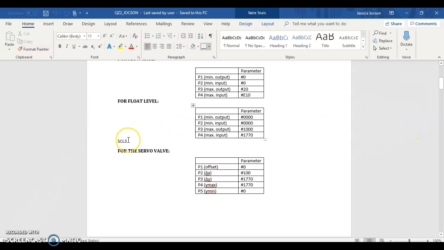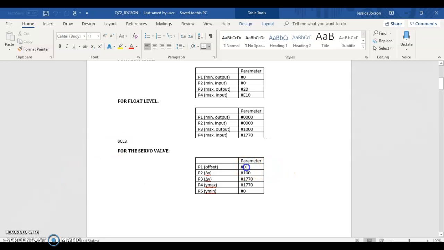So for the SCL3, it is the input coming from the HMI and will be transferred to the PLC. We're going to place a value and then the data will be transferred to the PLC.